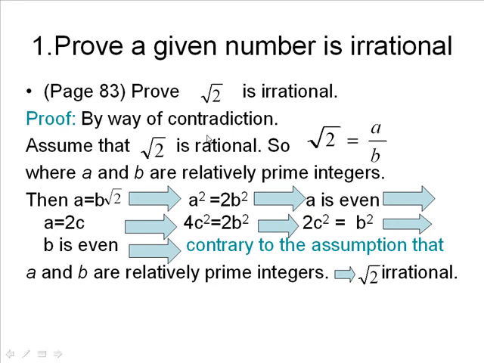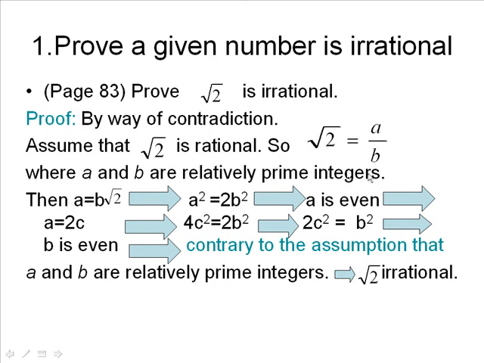So it is possible to pick a and b such that they are relatively prime. And why are we doing this? We're trying to get a contradiction that a and b have a common divisor too. So it will be contrary to them being relatively prime.